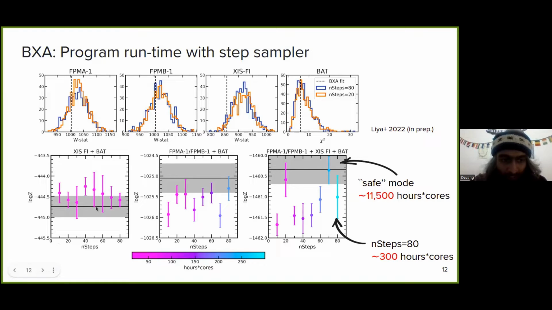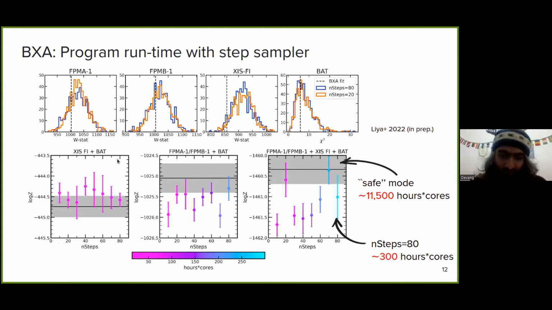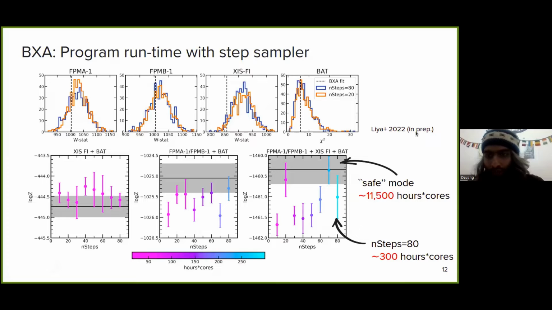And the black line is the fit with the speed equal to safe setting. What we want to ask with this plot is: I don't want to run the speed equal to safe option, I want to use the speed equal to integer option. So what is the best that we can do and still be as close to safe as possible for the estimate of your Bayes factor?